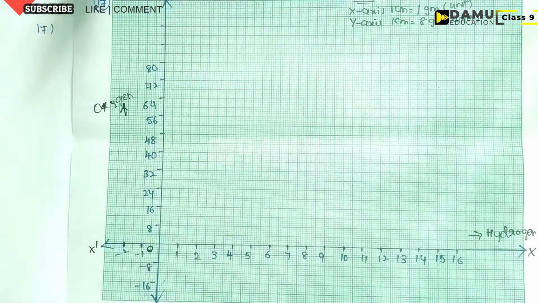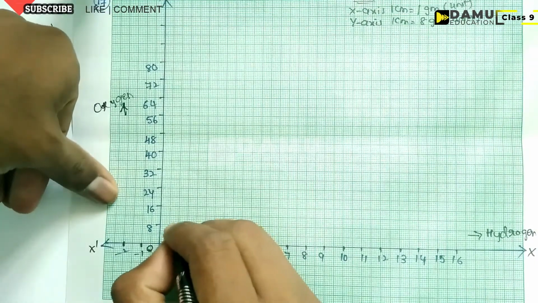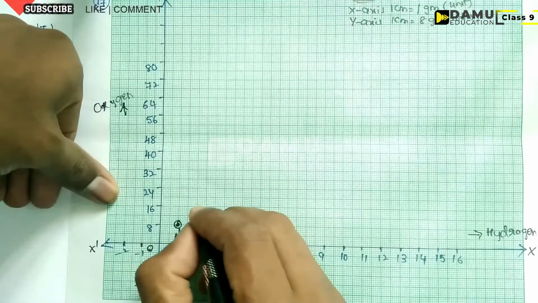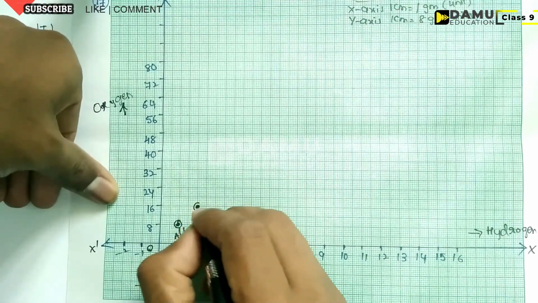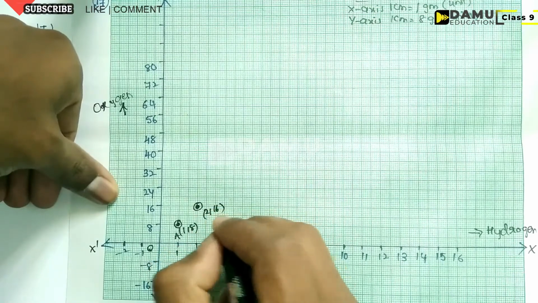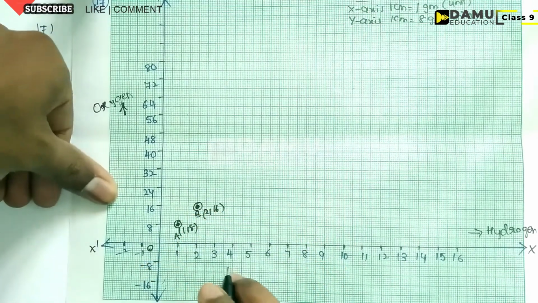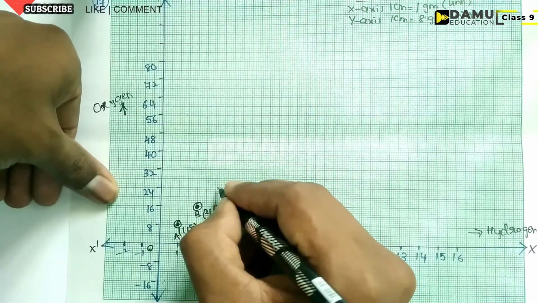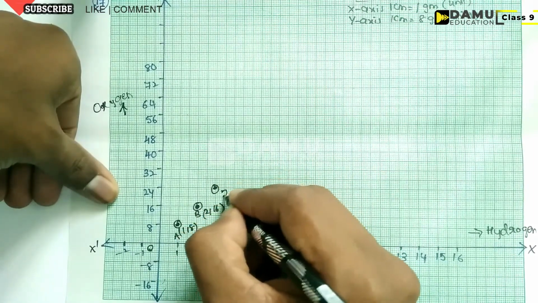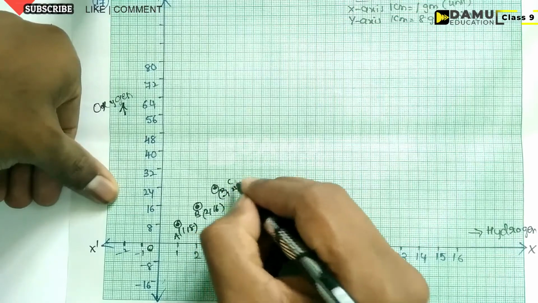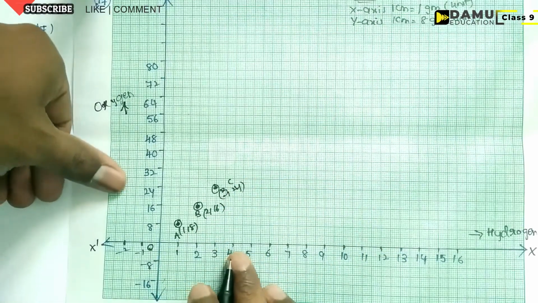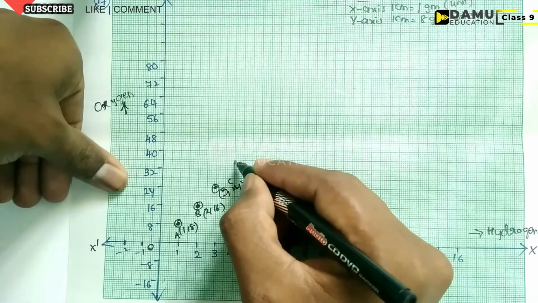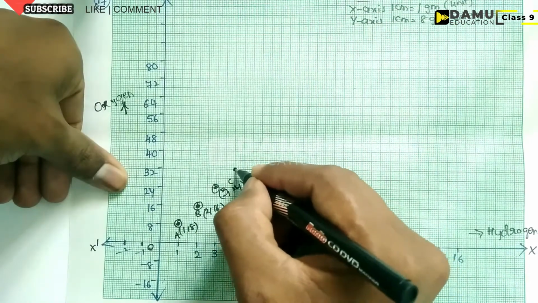So the first point is 1 comma 8. Then 2 comma 16. Then 3 comma 24, this is point C. Then 4 comma 32. So 4 is here, and we move up to 32 here.